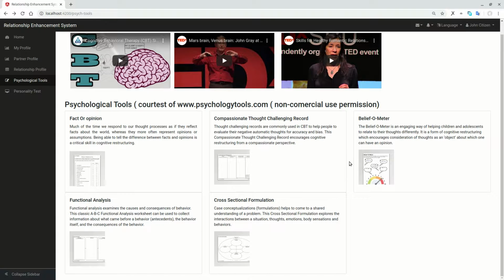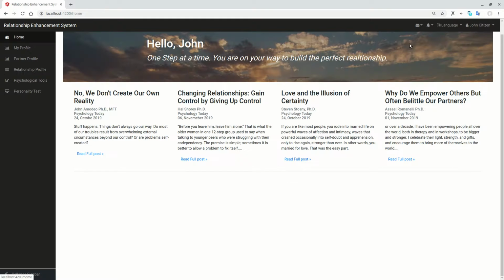These are just some of the things; if you go to this website or other similar websites, you can find more interesting material, and it's up to the user to use those tools and improve the quality of their thinking and personality to make their relationship better. That's pretty much the system. We also tried to implement multi-language support, but it's not functional at the moment.